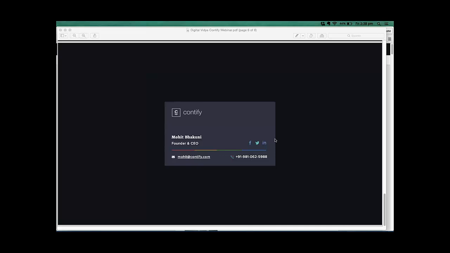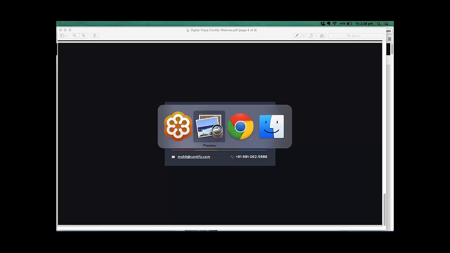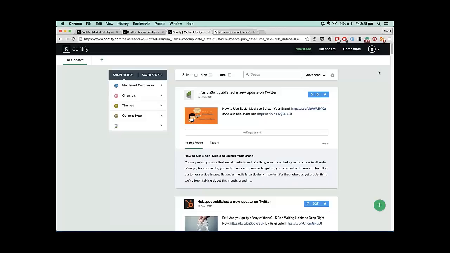Can anyone use the tool to analyze engagement rate based on keywords in content? Yes, definitely. Just like we have the content, there's a sourcing manager also where you can add keywords, and let me just very quickly show you that also.